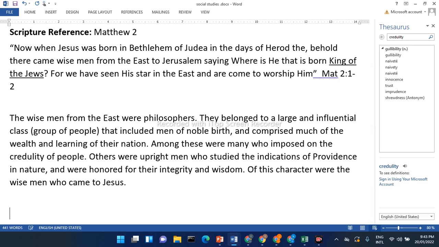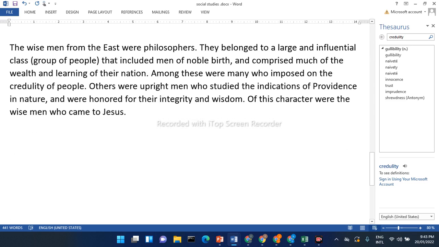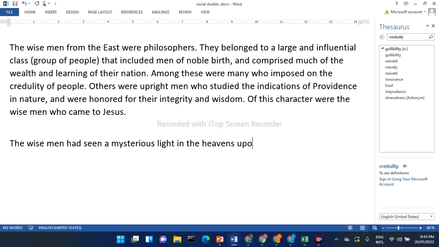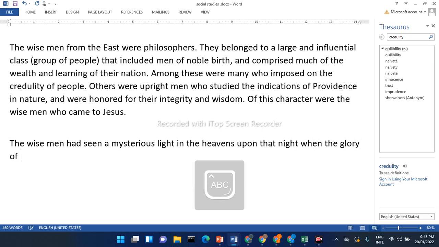All right, moving on. The wise men had seen a mysterious light in the heavens, upon that night when the glory of God flooded the hills of Bethlehem.